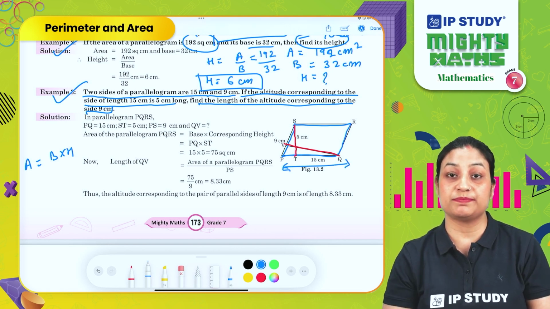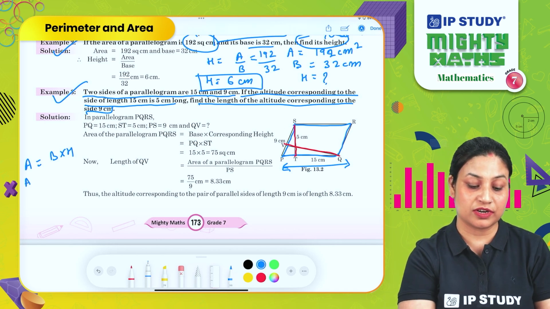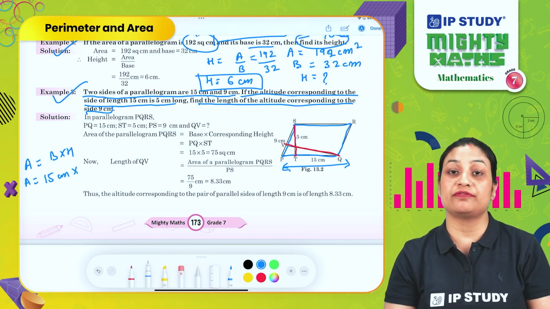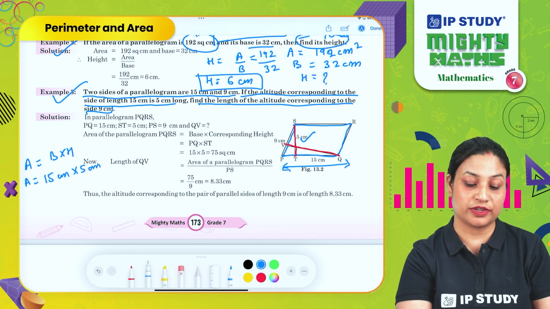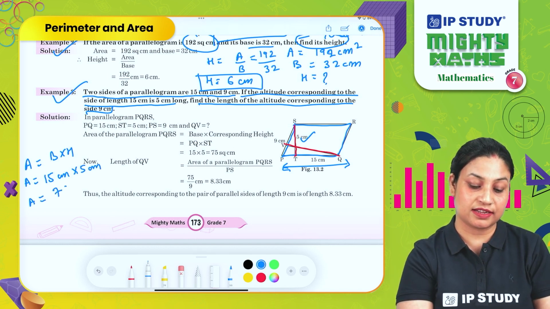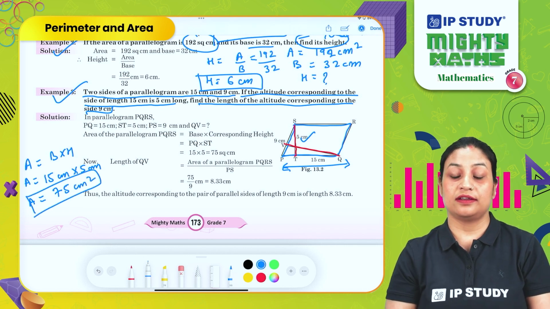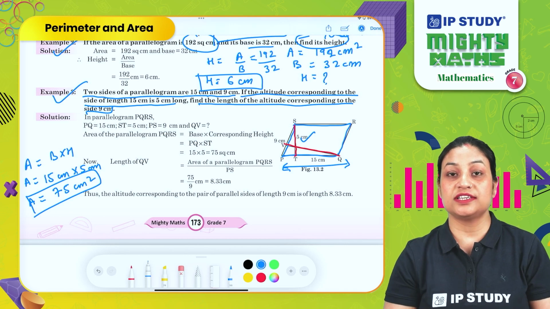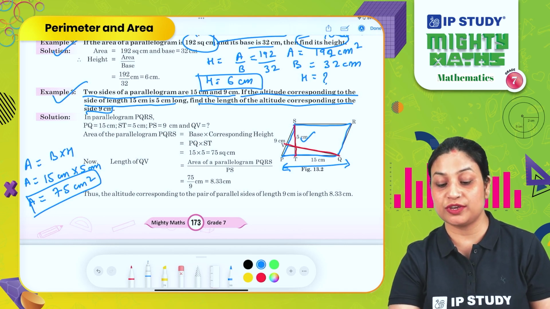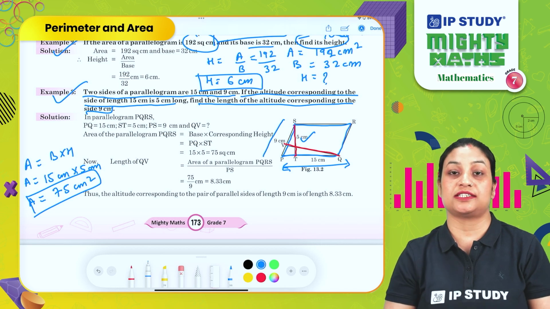What is the length of this PQ? It is 15. So let me write it over here, 15 centimeter. For this base 15, what is the height of this parallelogram? That is 5 centimeter. So let me write 5 centimeter over here, right? So I get my area, that is 75 centimeter square, right? Now let me solve this in some other way. Instead of taking base PQ, I will take base PS, right?